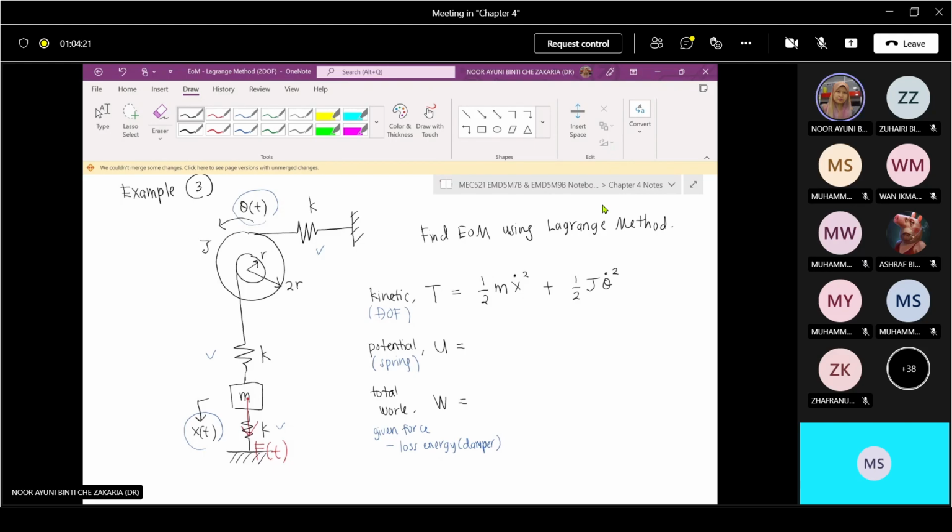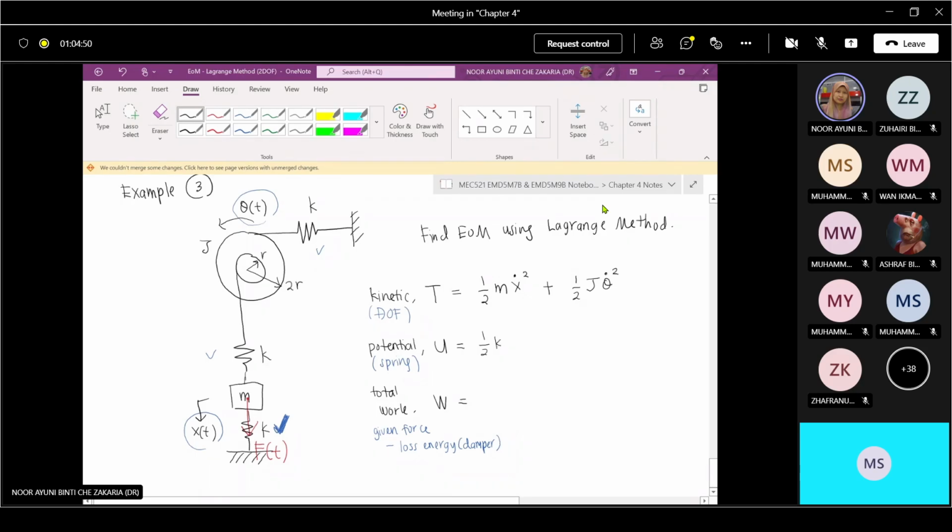Okay, potential. Potential, count how many springs you have. So you have 3 springs in this. So your potential energy is going to have 3 elements. The first element is, I start with the bottom one. I'll start with this one. 1/2K.